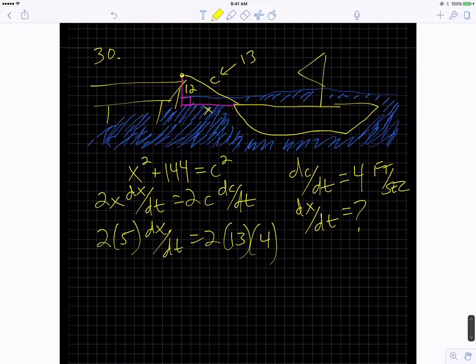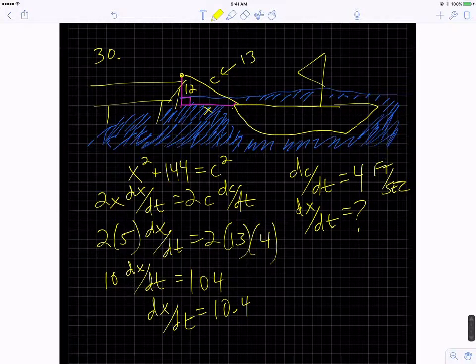I'll leave that to you. 10 dx dt equals 2 times 13 times 4. Let's do that out. So that's 104. So then dx dt is 10.4.